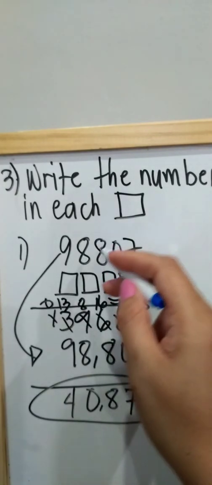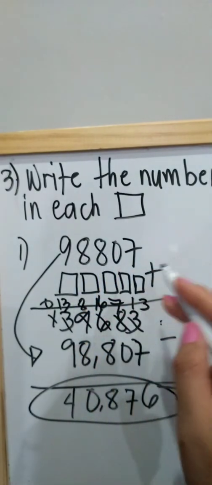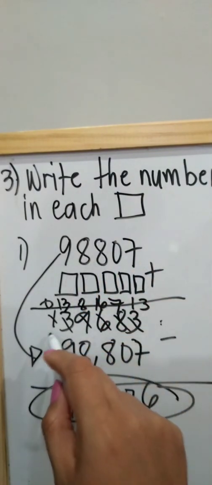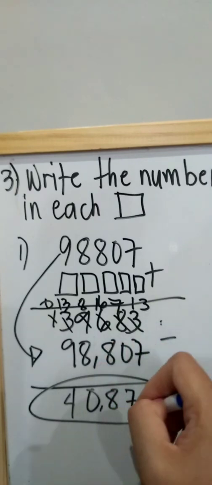The addend is 98,807. So let's subtract 139,683 minus 98,807.